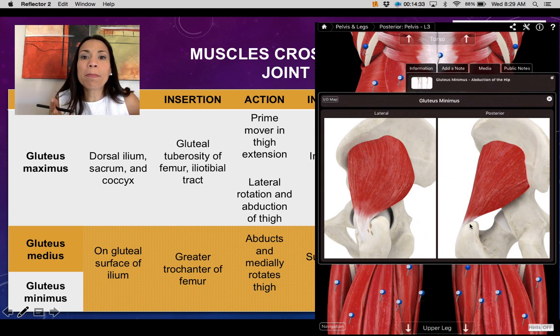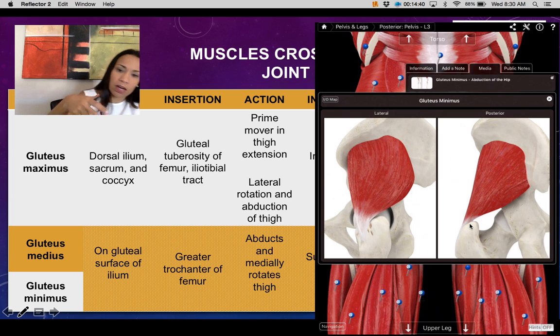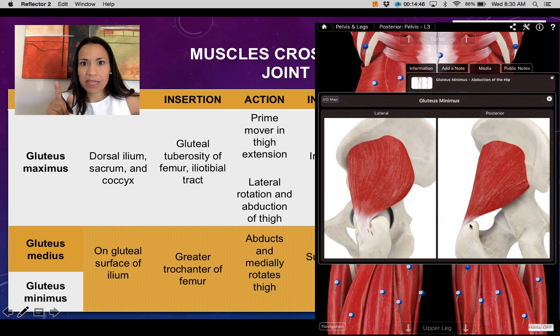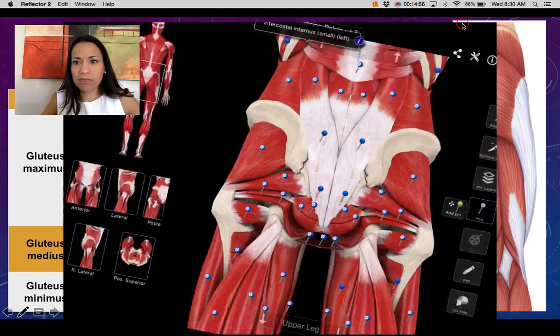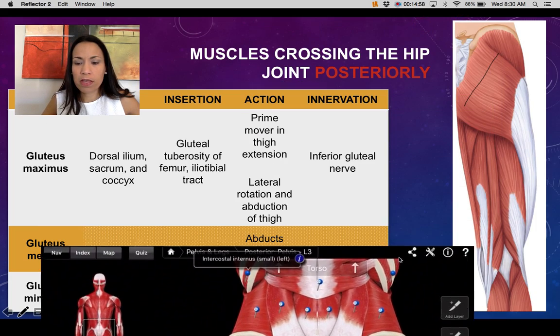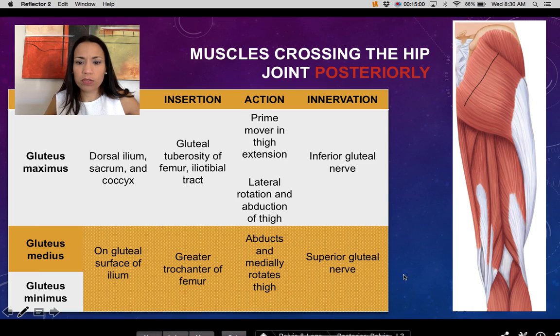These are the abductors of the thigh. They abduct the thigh, open your thigh, and they medially rotate your thigh. Innervation, as I told you before, is given by the superior gluteal nerve.